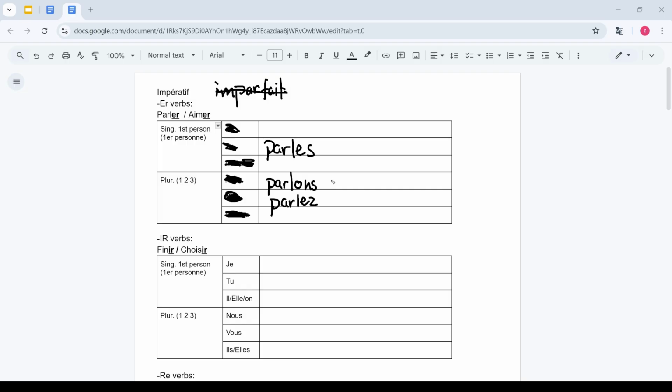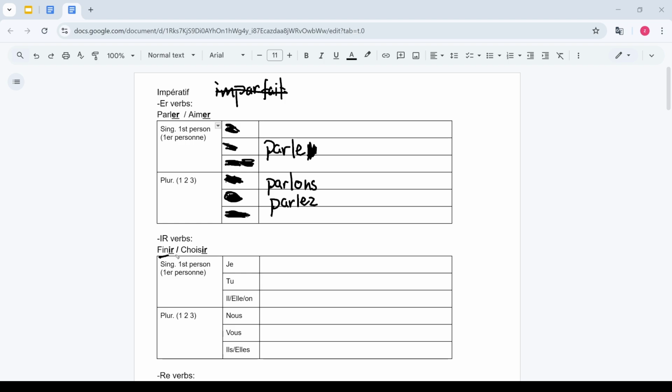And there's one little thing we need to do in addition to that. If we are dealing with an ER verb, unless the next word starts with a vowel, we take off the S. We do not add the S. And that's it. This rule of taking off the S does not apply for IR and RE verbs, only for ER verbs.